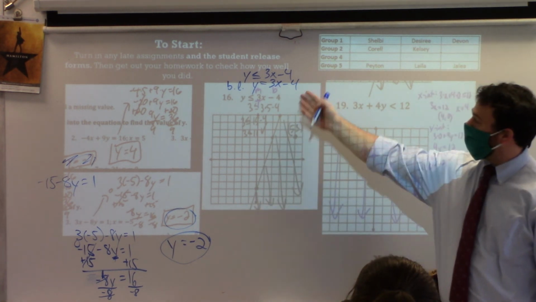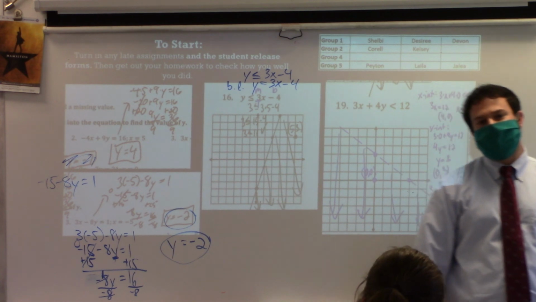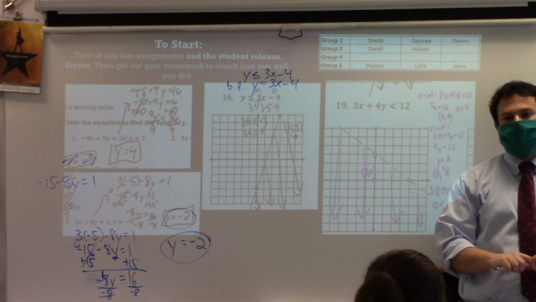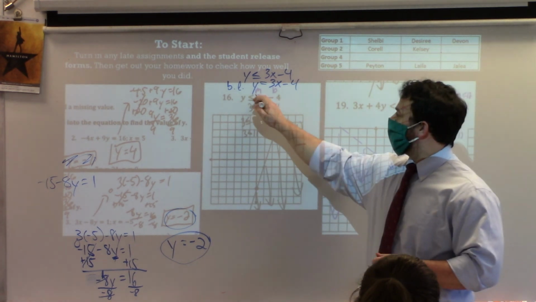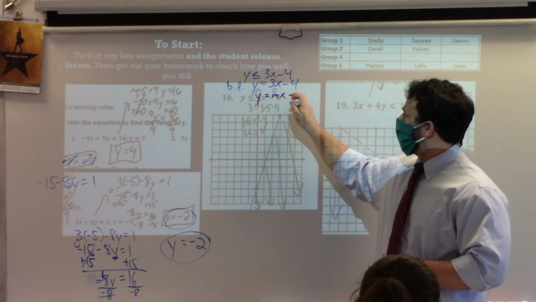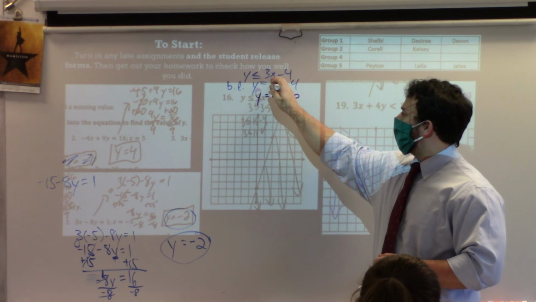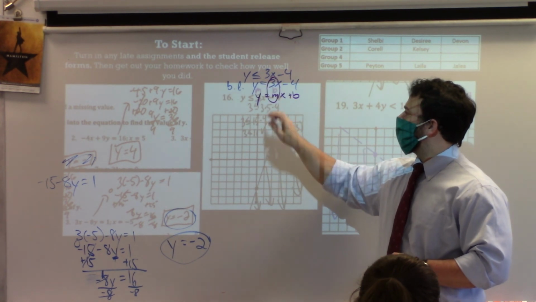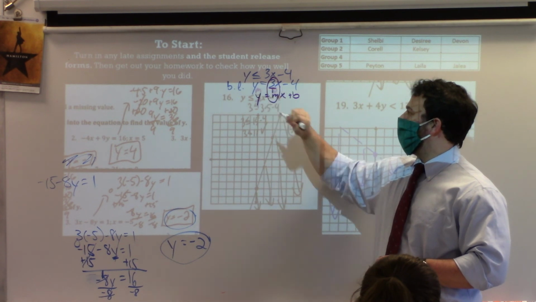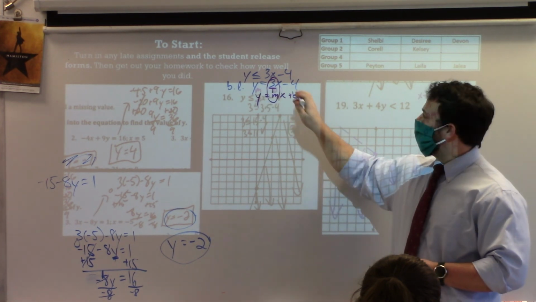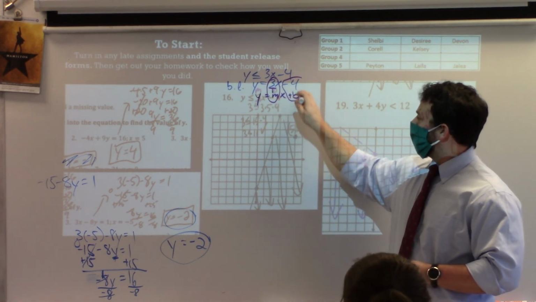Tell me, what type of line is that, or what form of the line is that? Slope intercept, right? So what is this 3? Slope, so 3 divided by 1, rise and run. What is this negative 4?